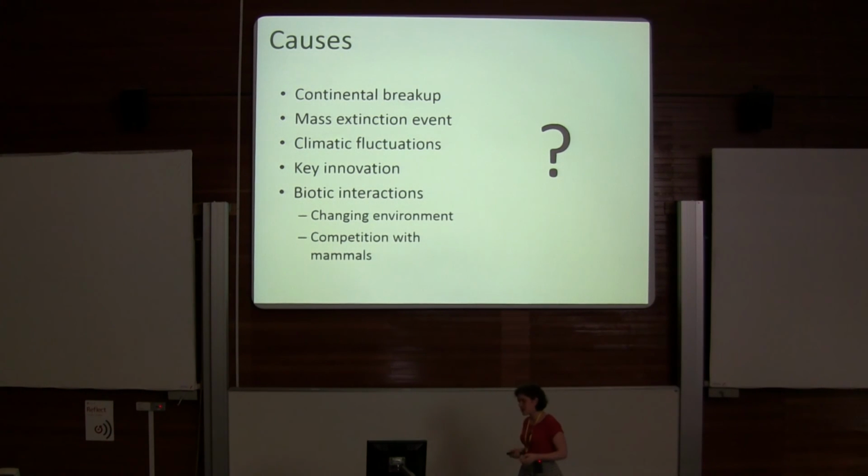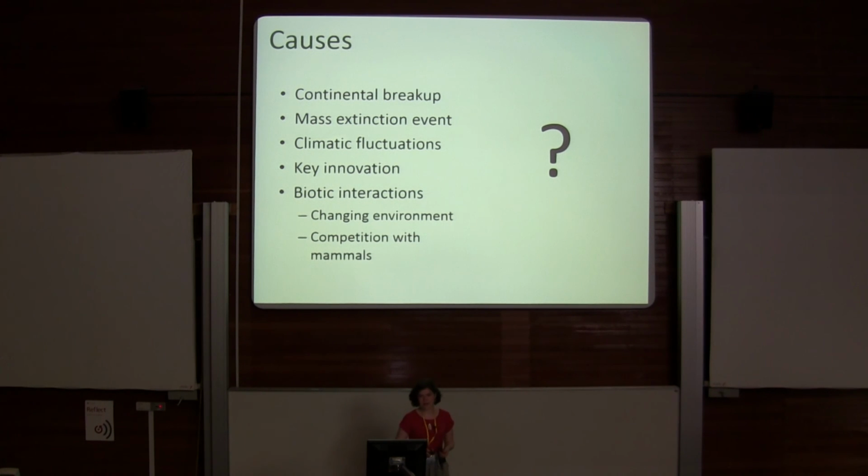But what's increasingly emerging as a potential factor in this is biotic interactions. When you start looking at other groups, you find that there's research to support that sauropod dinosaurs and mammals are also doing well. So potentially there's a larger biotic interaction going on, potentially with competition with mammals or a change in environment that's allowing all of these things to happen.